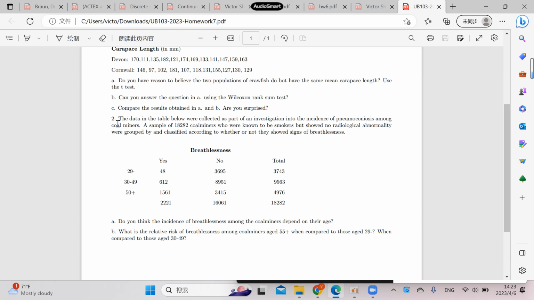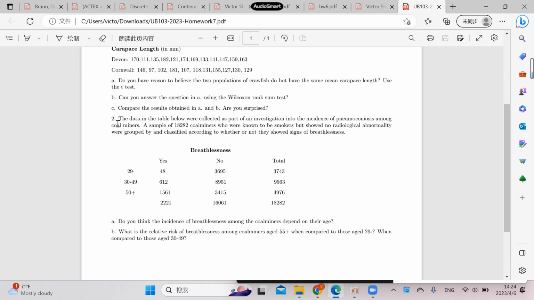So basically, the first step, you're gonna find the absolute risk, right? So for people under 29 years old, the absolute risk of catching the illness is 48 divided by 3,743. That's your absolute risk. And you could do a similar thing for 30 to 49 years old, and then for 50 plus years old, you have three absolute risks.